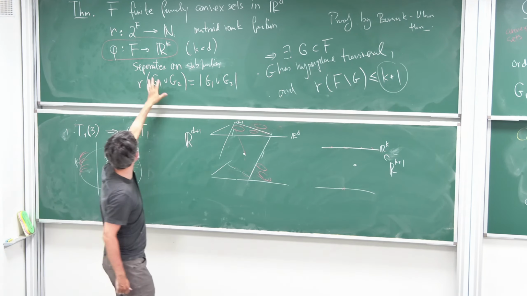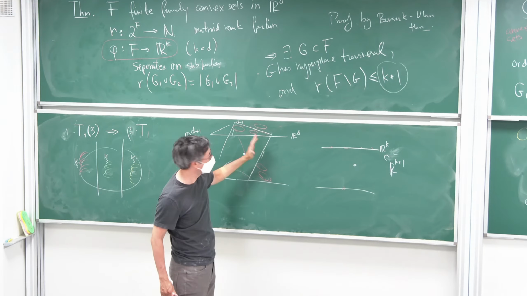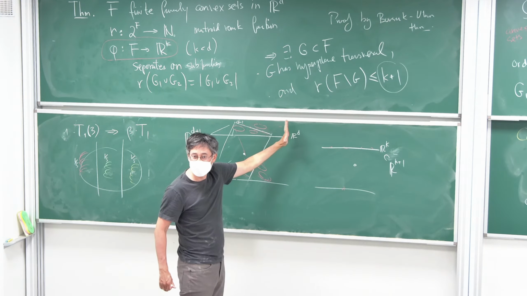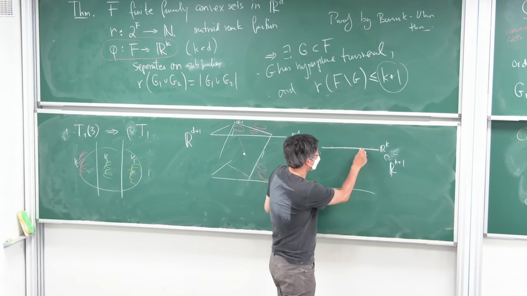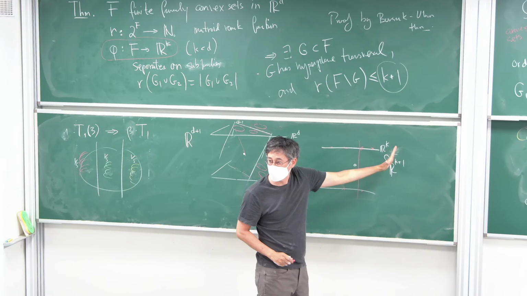And so now the separation condition says that if you take an independent set of this matroid that can be separated from the origin, then the corresponding sets here can be separated from the origin.